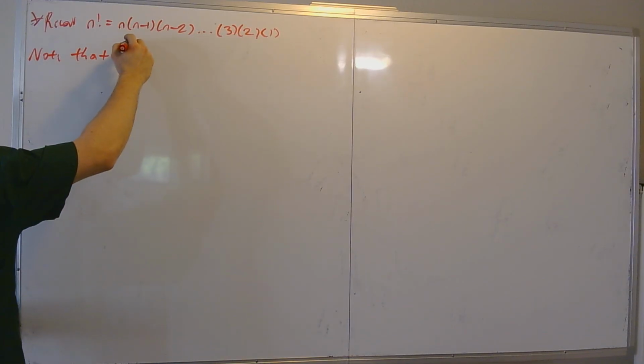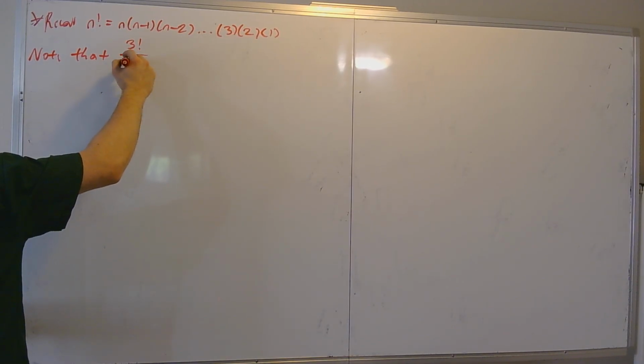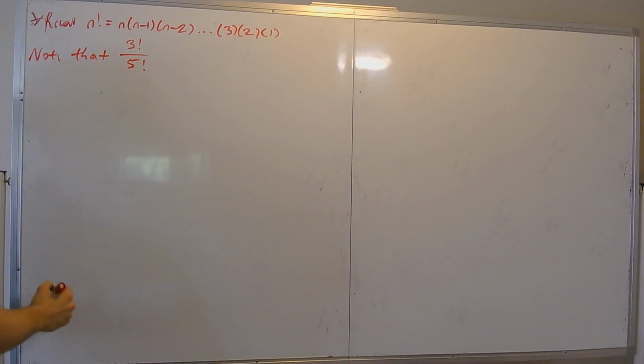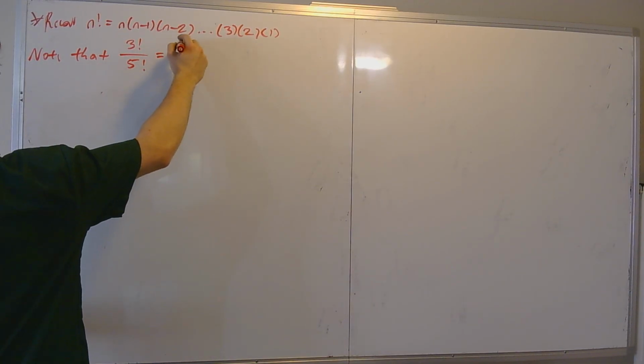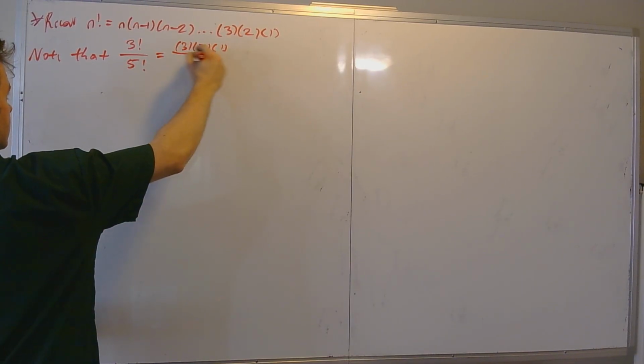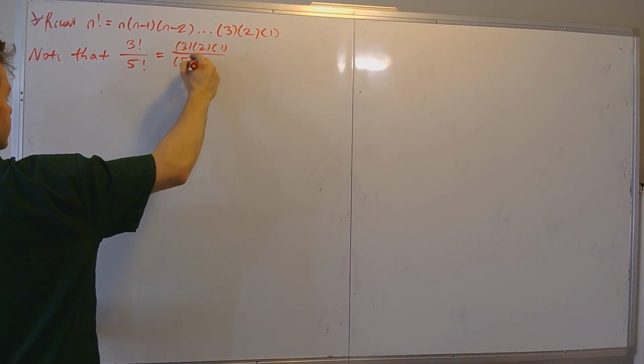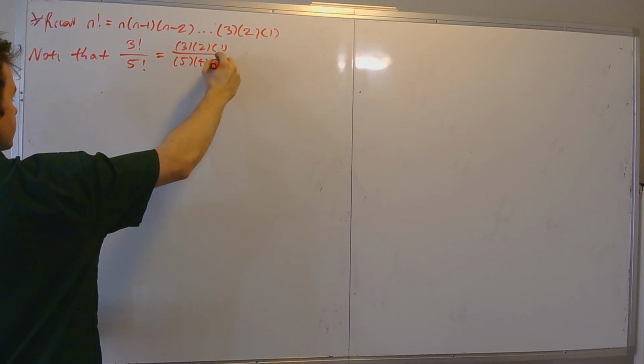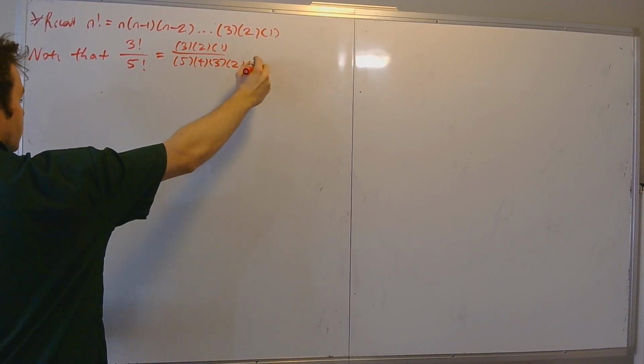So note that if we have 3 factorial over 5 factorial, then what we're going to get is 3 times 2 times 1 over 5 times 4 times 3 times 2 times 1.